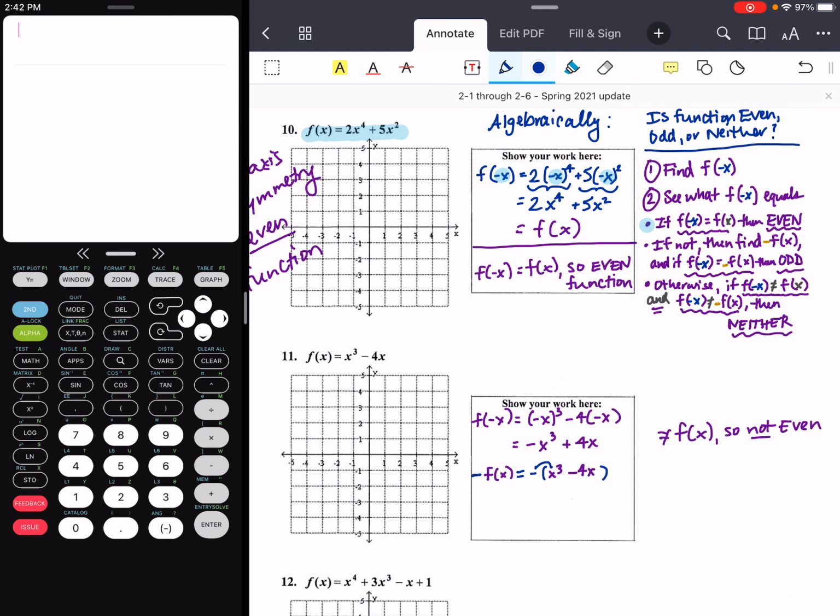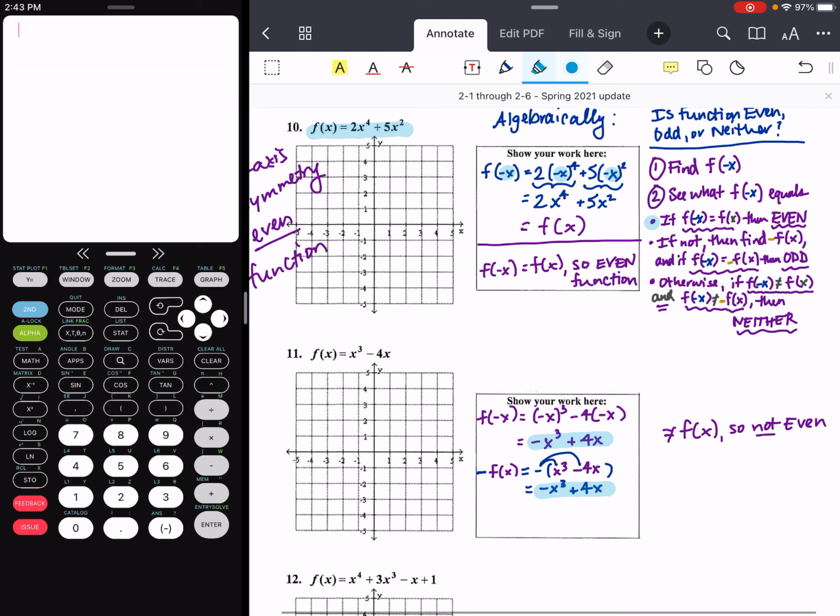And if I distribute that negative sign, this gives me negative x cubed plus 4x. And now I have a match, right? Negative x cubed plus 4x, negative x cubed plus 4x. I just showed that f of negative x equals negative f of x.